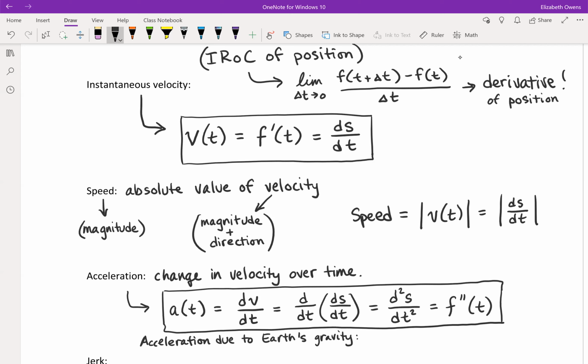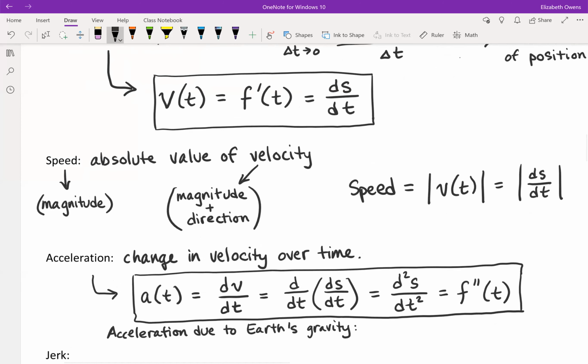So acceleration due to Earth's gravity is going to be approximately 32 feet per second squared. That's our units, feet per second squared there. Or if you're doing a problem in the metric system, you could use 9.8 meters per second squared. Those are good to know.